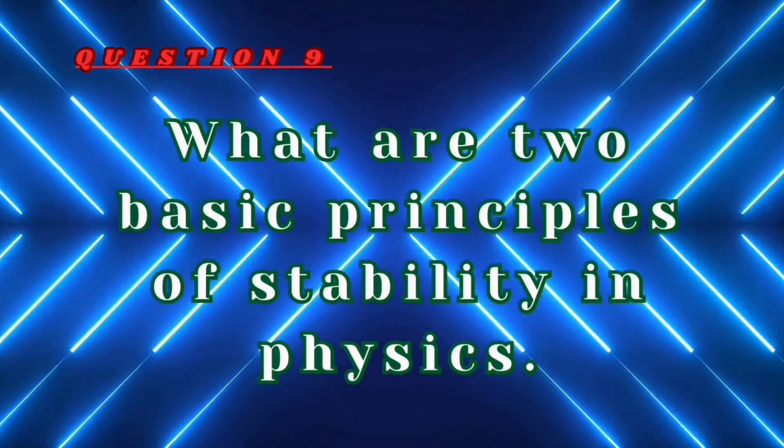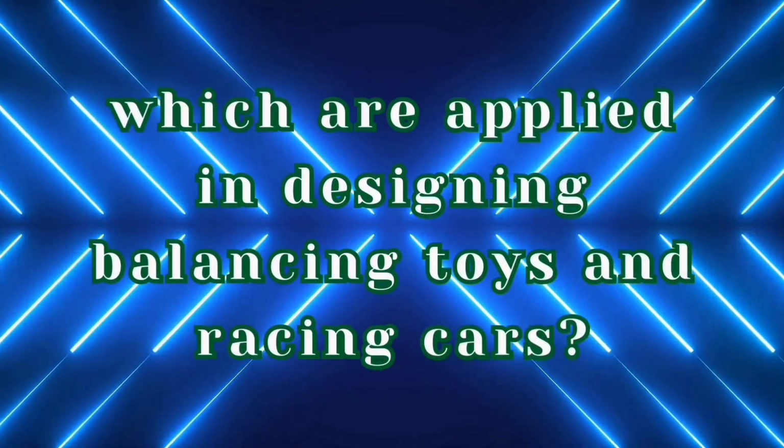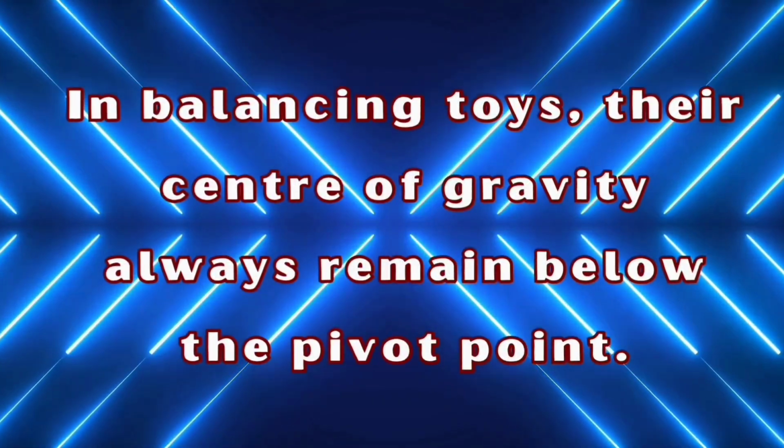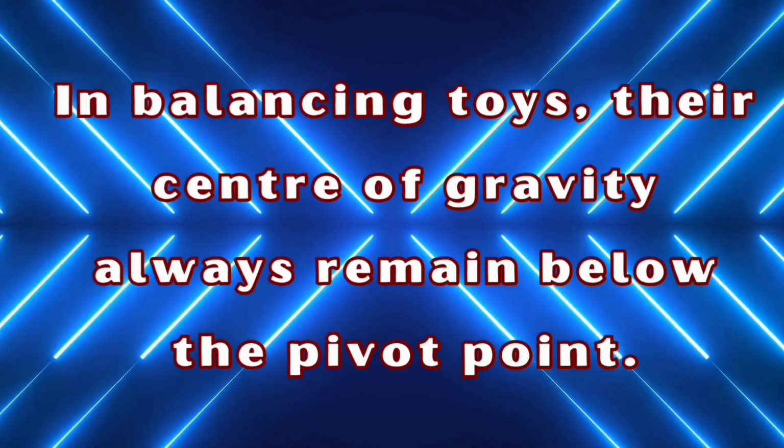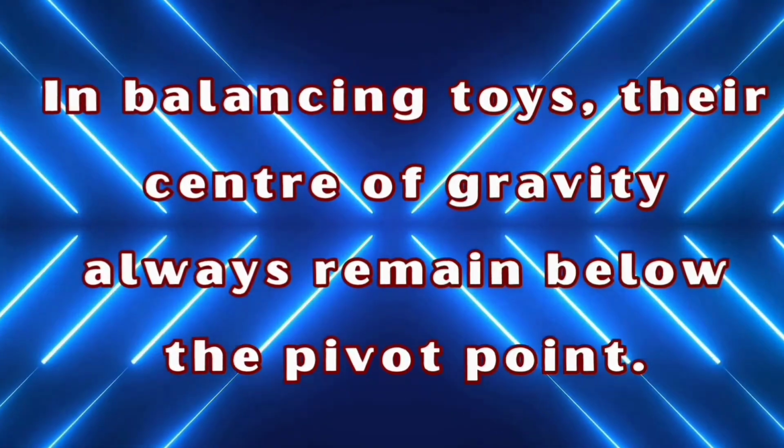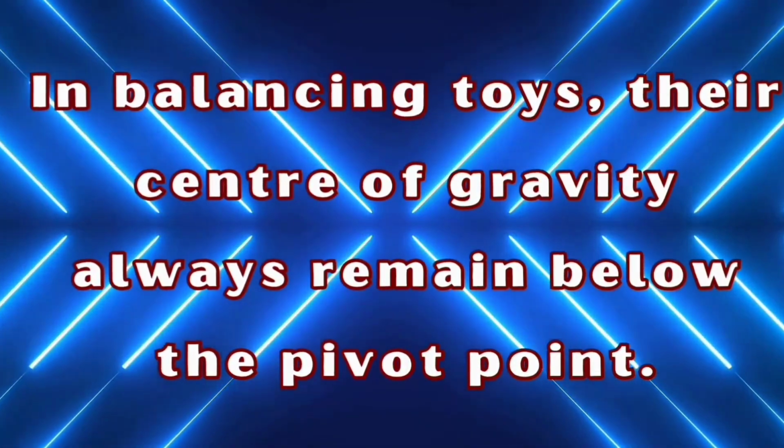Question number 9. What are two basic principles of stability in physics which are applied in designing balancing toys and racing cars? In balancing toys, their center of gravity always remains below the pivot point.